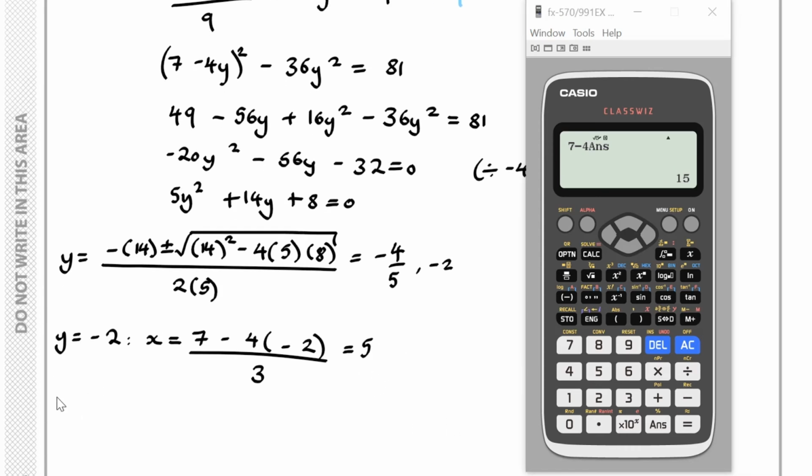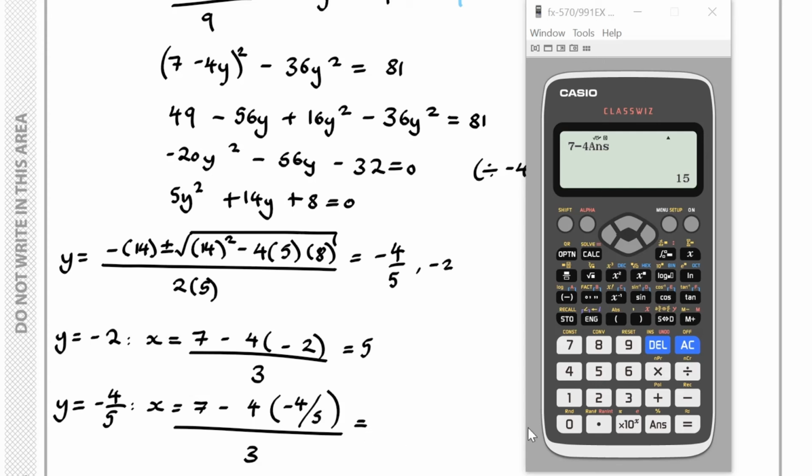And when y is equal to minus 4/5, x is going to equal 7 minus 4 lots of minus 4/5, divided by 3. So if I work this out, 7 minus 4 times minus 0.8 divided by 3, we end up with 17/5.